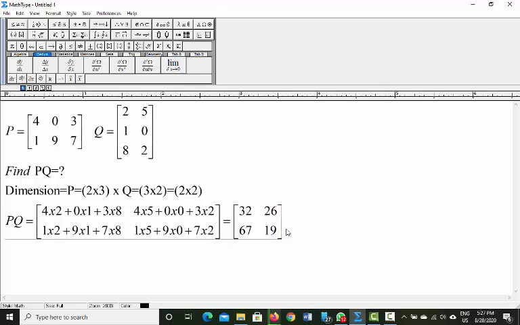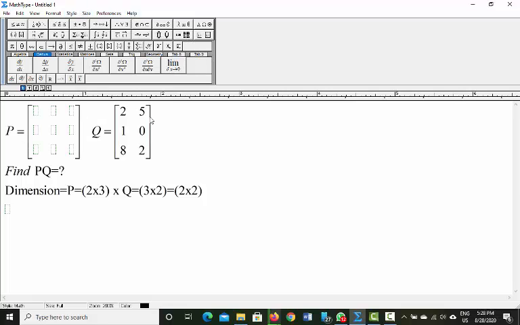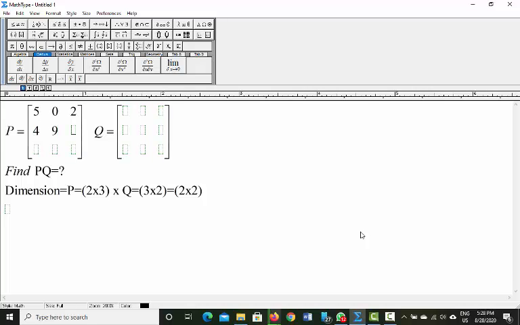Now let's do another multiplication. For example, here we have a 3 by 3 matrix, and here also a 3 by 3 matrix. So for example, we have 5, 0, 2, 4, 9, 1, 6, 2, 7.